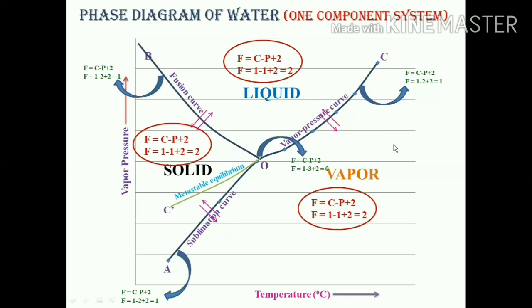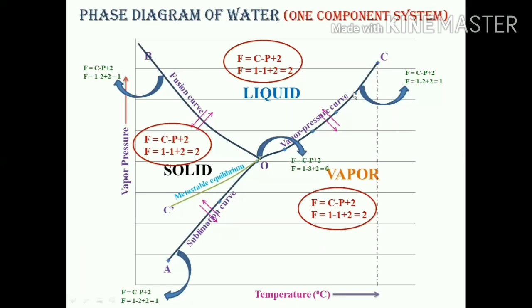So if we compare the value of F in a particular area and curve, they will be different, because in an area the value of F is 2, whereas along the curve it is 1. But if we compare all three areas with one another, the number of degrees of freedom is the same. Similarly, F is the same along the curve, be it any curve that you move along, and that is 1. And at the triple point, of course, it has a value of 0. That means it is a non-variant system.